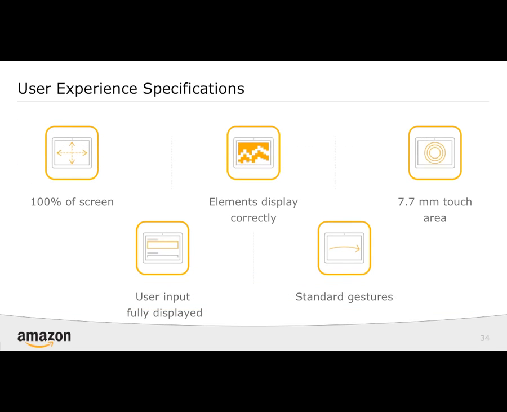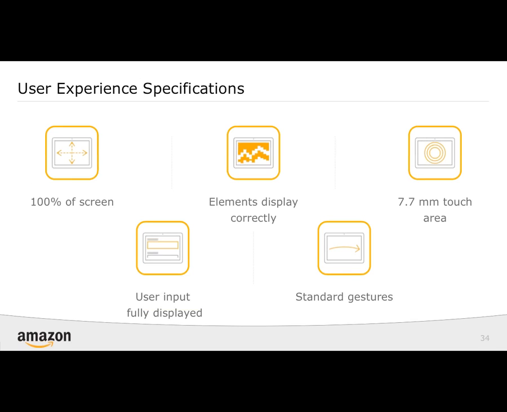User experience specifications. These are things that are not specific to Kindle Fire per se, but are good for Kindle for tablets in general. For example, use all of the screen. It's really annoying when I see phone apps ported to tablets that leave huge blank areas of white space, or letterbox the application on the screen.